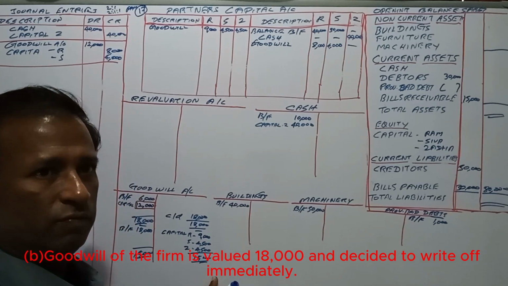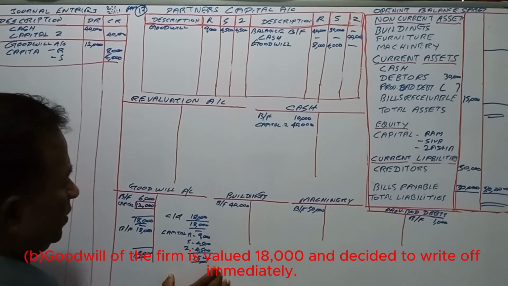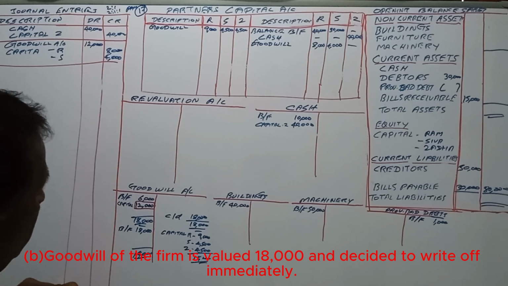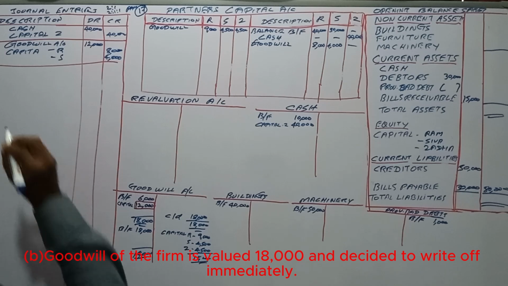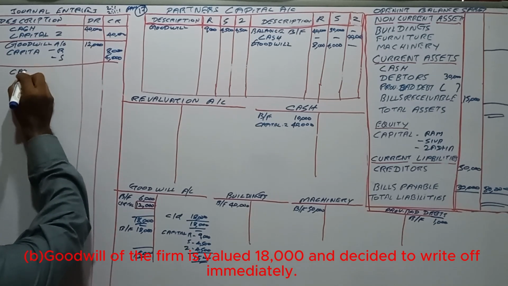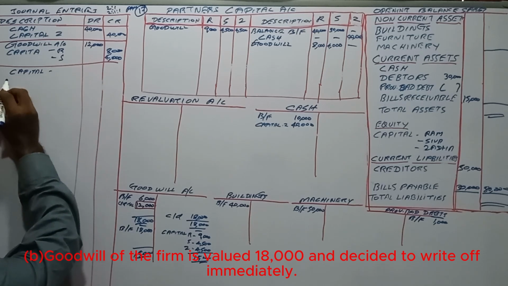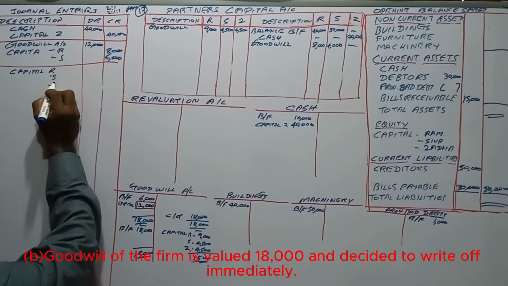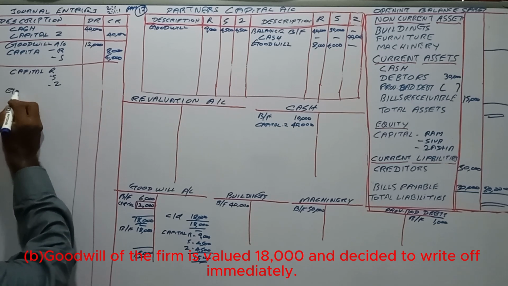Then all three partners bear it according to the new profit sharing ratio, right? So we have to write down capital account debit of Ram, Shiva and Zada, and goodwill account credit.